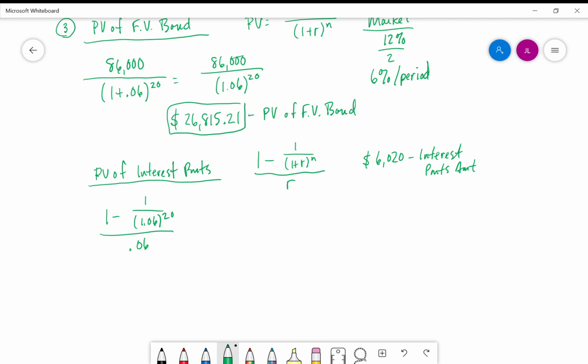If we divide that by 0.06, we get 11.46992122. And all we have to do now is multiply that by our $6,020. And what we'll get is $69,048.93. So this is the present value of interest payments.